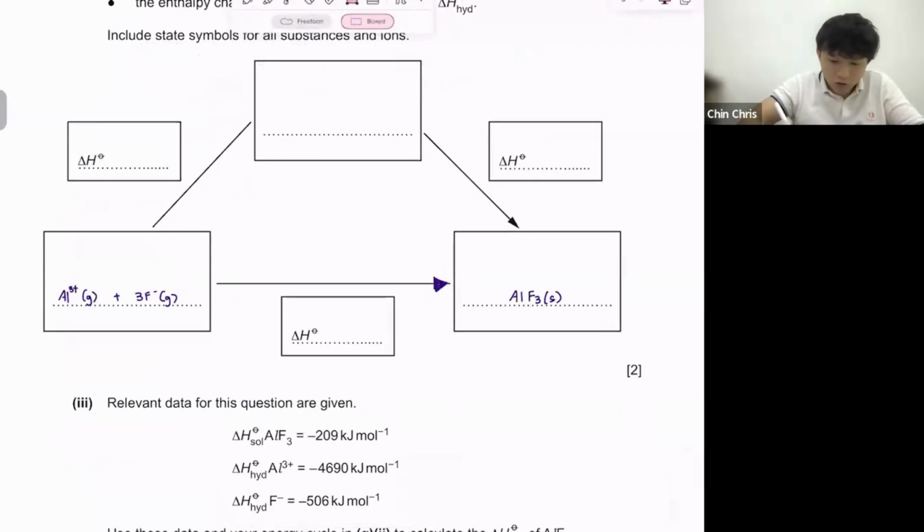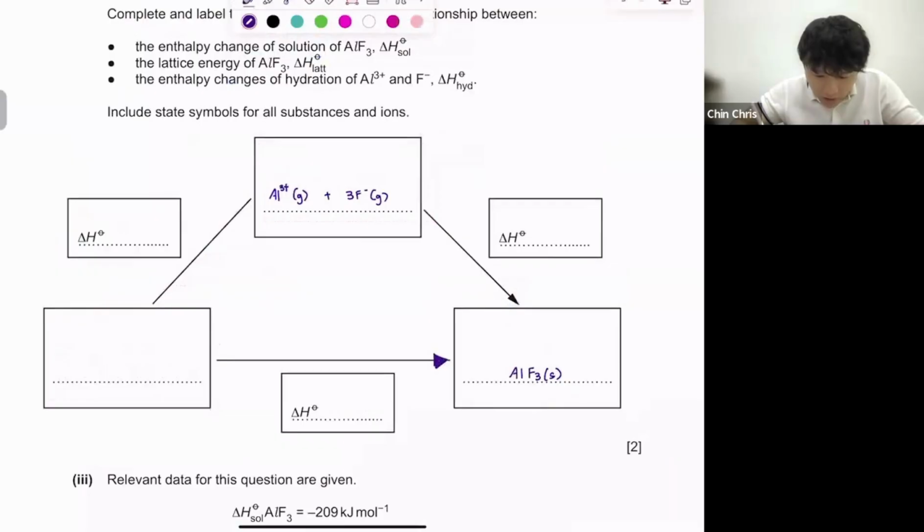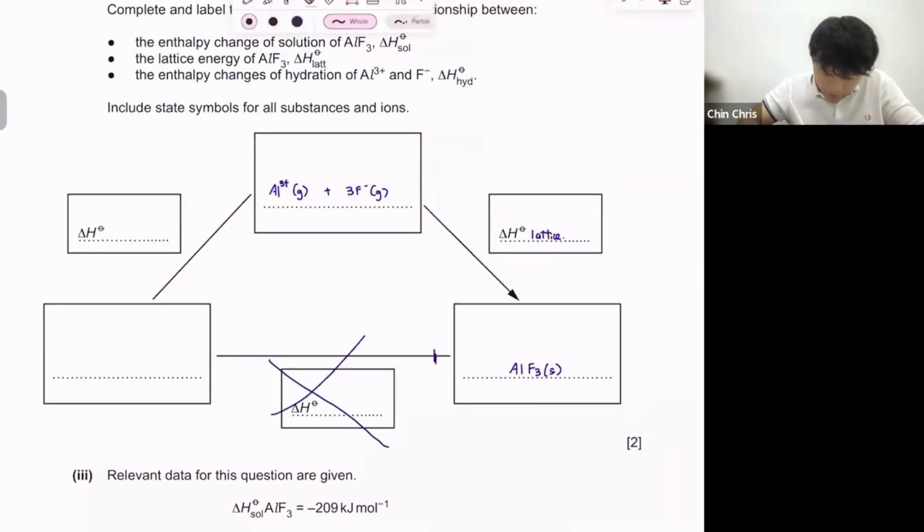Cannot, because I have this arrow. And this arrow will never, so hydration and your solution would not form a solid. So I need to put this here first. Yeah, that makes sense. So this is delta H lattice. Alright, then I can play around. I fix it first.